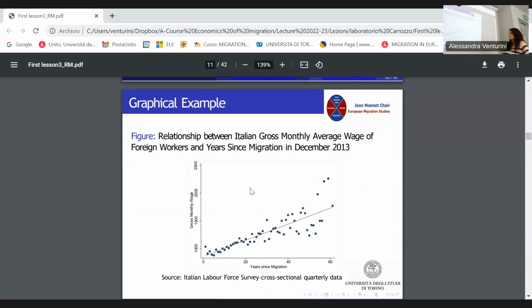So you have been there 1 year, 2 years, 3 years, 20 years, 40 years, and 60 years. The idea is that the more you stay in the country of destination, the older your migration is, the higher your wage will be. This is a proxy of integration.